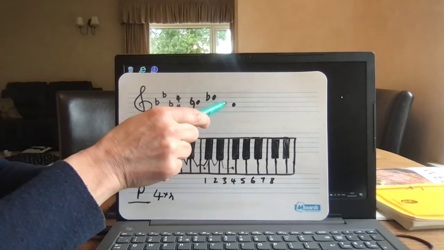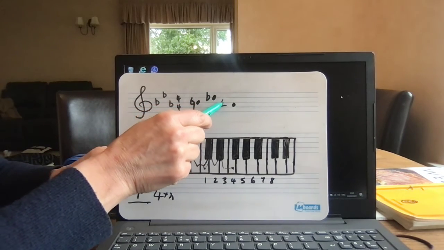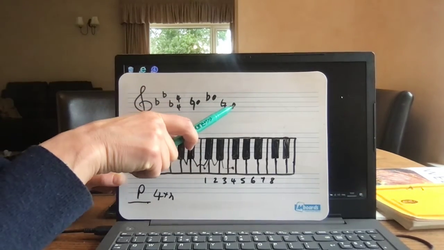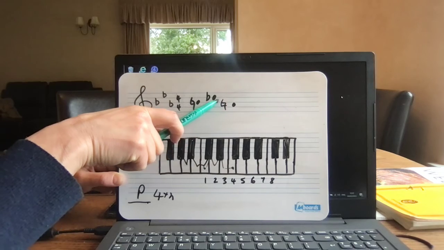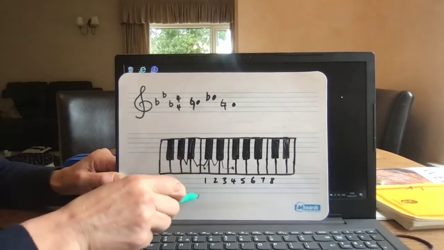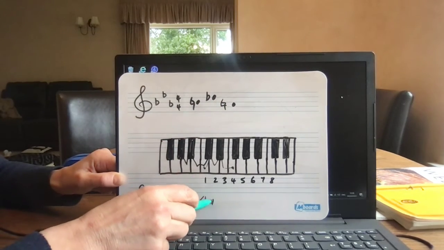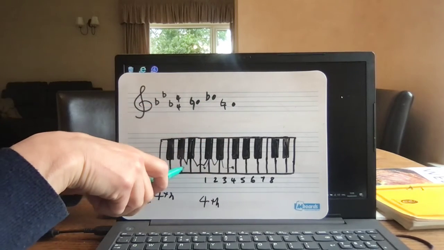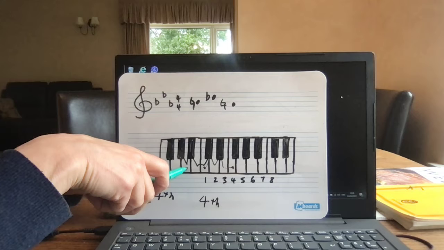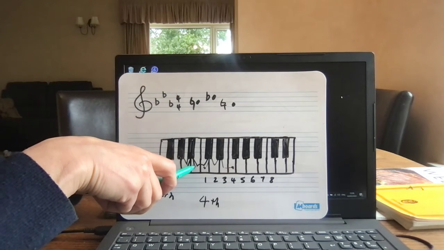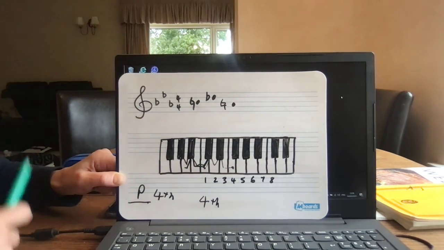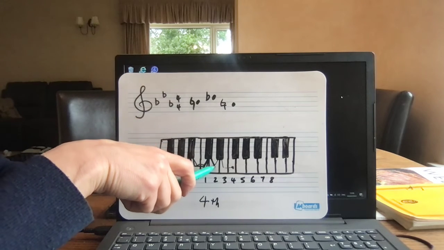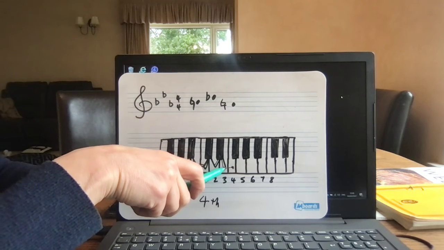Now, if that was an A natural, this is what we do. We do the same process. We count 1, 2, 3, 4. It's a fourth. We write down fourth. Then we go from A natural to D flat here. A natural, count semitones. 1, 2, 3, 4. 4 semitones. Then we go to C and count 4 semitones. 1, 2, 3, 4.